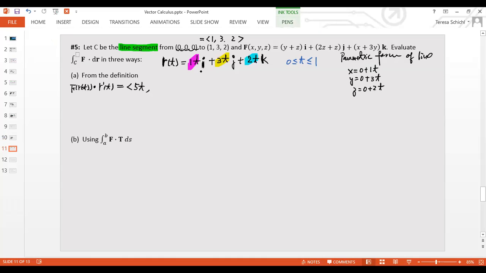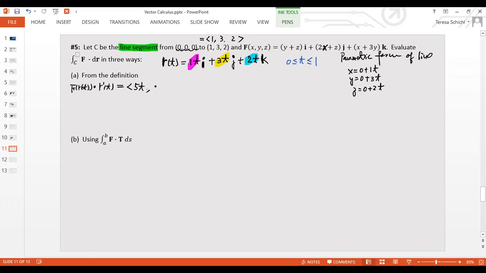The second one, there's a misprint here. It should be 2x plus z, not 2z plus z.